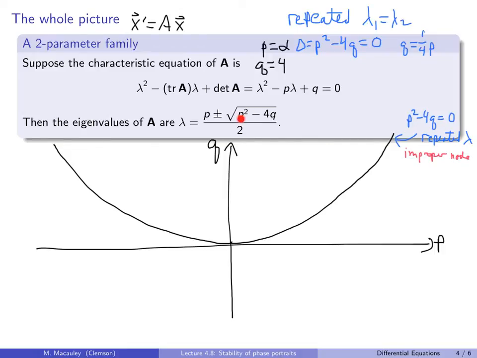Okay, so next, everything that's above this parabola, every pair pq is going to correspond to when p squared is less than 4q. So that's going to mean that everything under the radical symbol is negative, so this is going to be an imaginary number, the square root of a negative number, and our eigenvalues are going to be complex. So let me write that up here. Everything up here is complex eigenvalues.